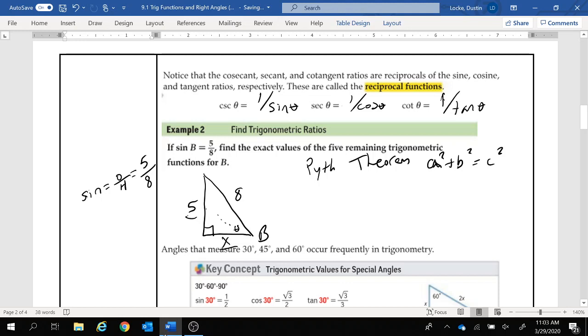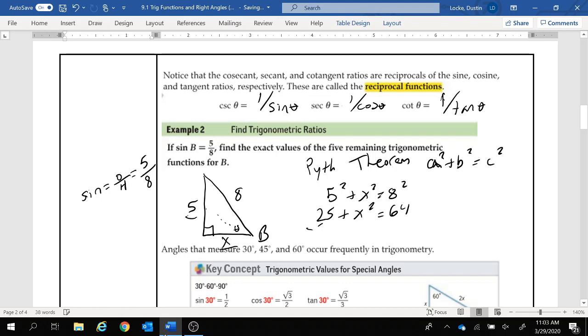It doesn't matter which order you put those in. So we'll have 5 squared plus x squared equals 8 squared. Okay, and then let's go ahead and simplify this down real quick. So it'll be 25 plus x squared equals 64.